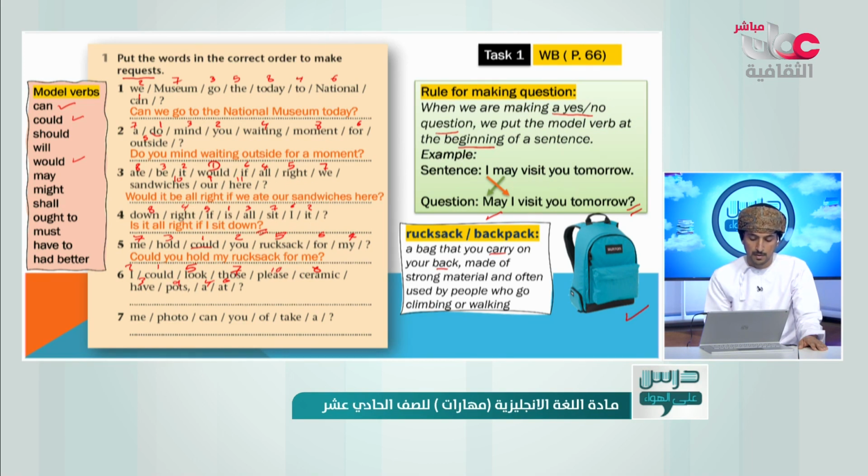Let's now see the answer. Could I have a look at those ceramic pots, please? And finally here, number 7, we'll start with can again. Can you take a photo?